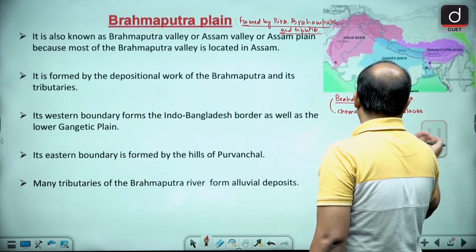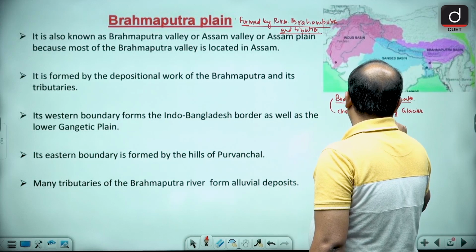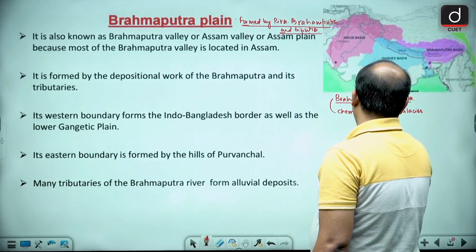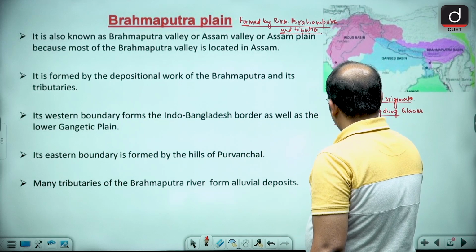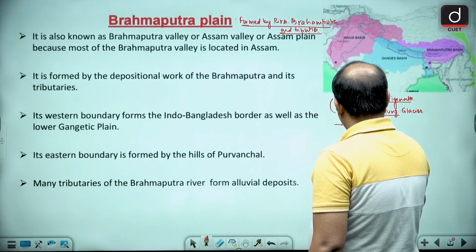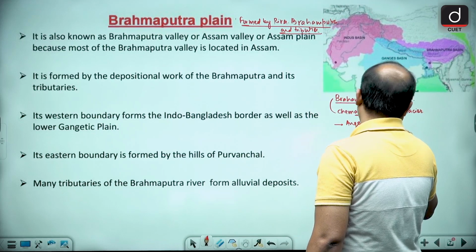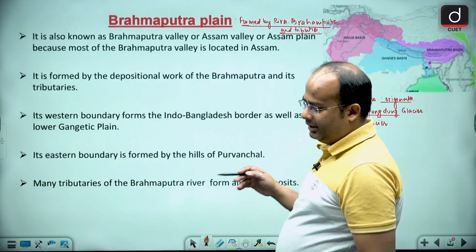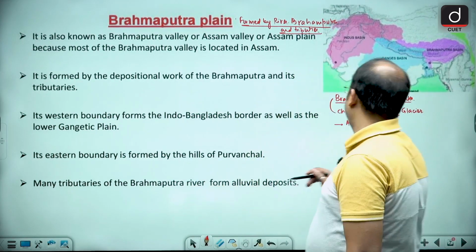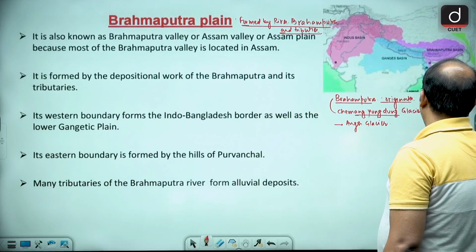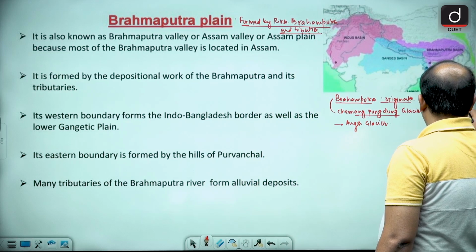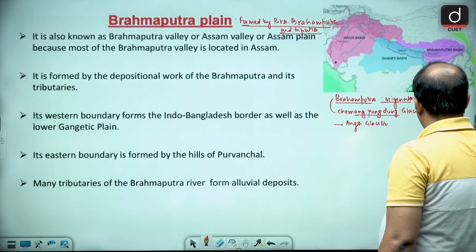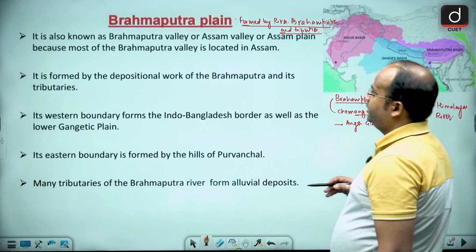Some of the books say Kangkyi because it is said that Chemayungdung and Kangkyi are very near. So some say Chemayungdung, some say Kangkyi glacier, because both of them are very near. So it's also a Himalayan river.